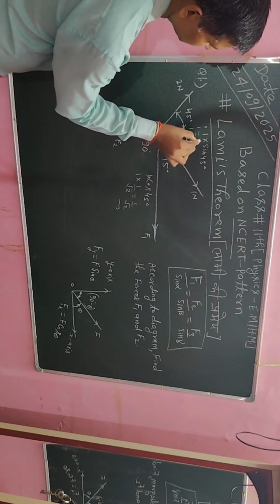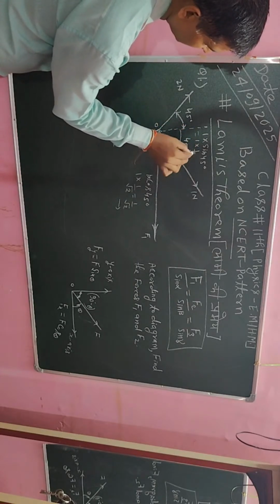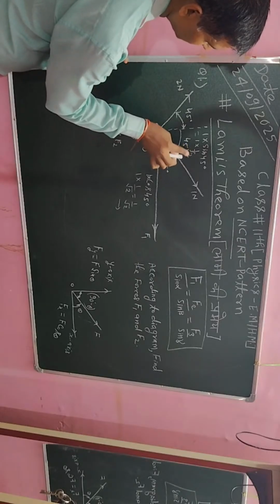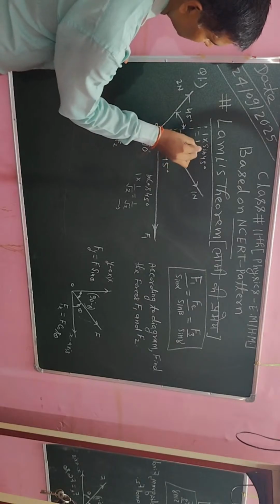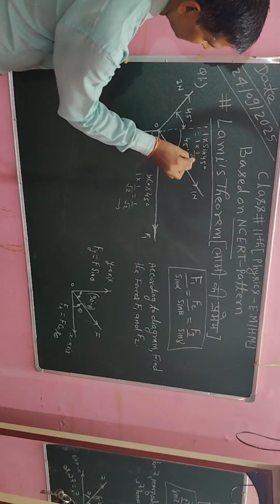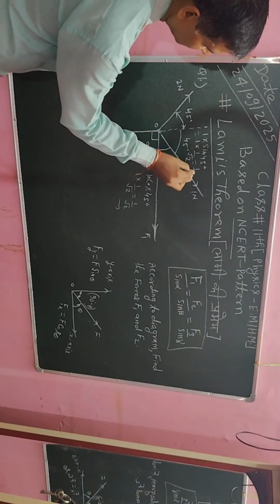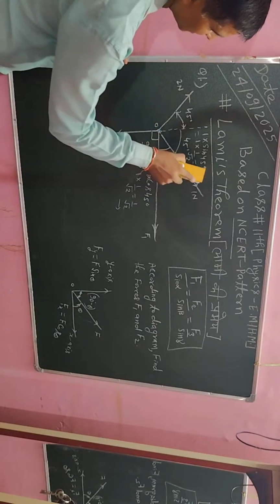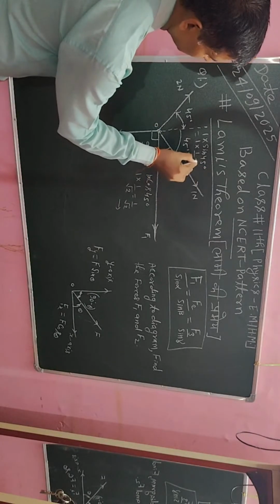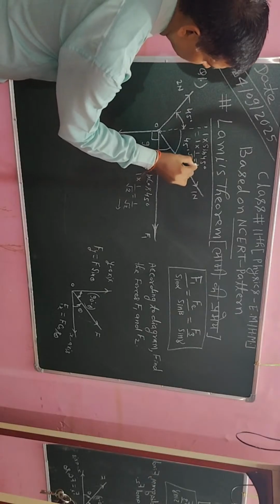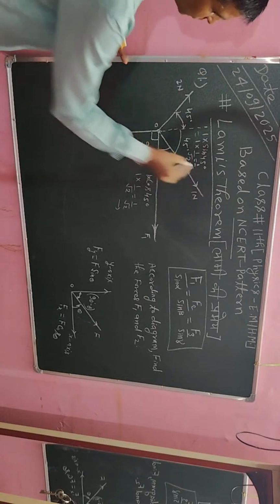After solving I will get 1 into 1 by √2, so 1 by √2. This is the required value. So this required value I have to write properly, 1 divided by √2.